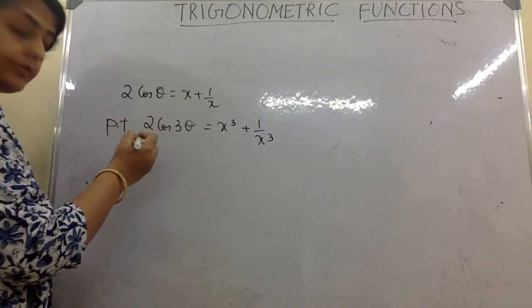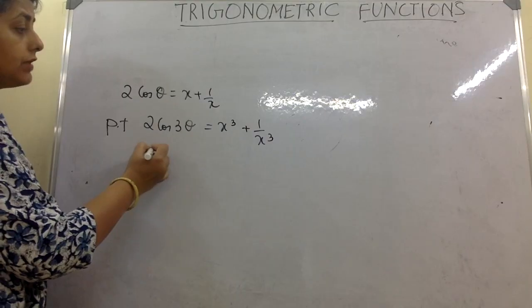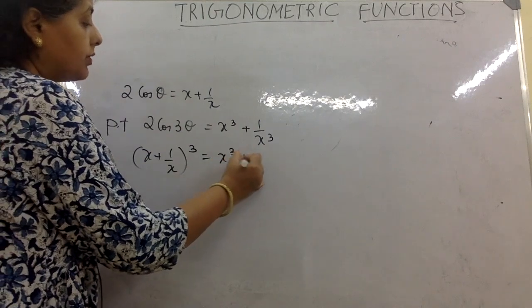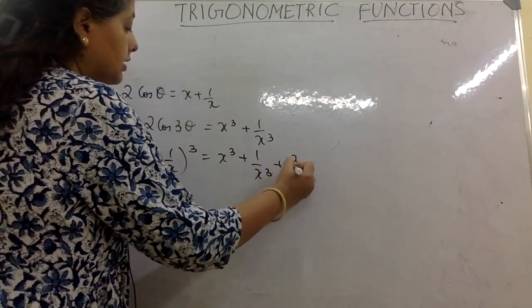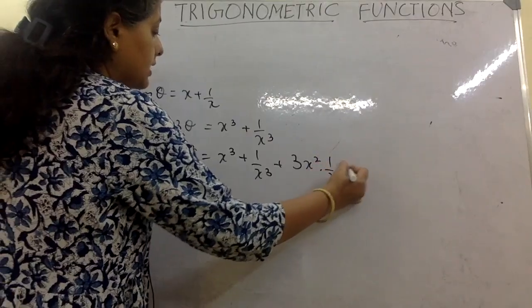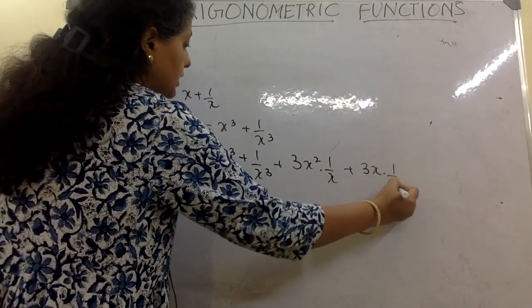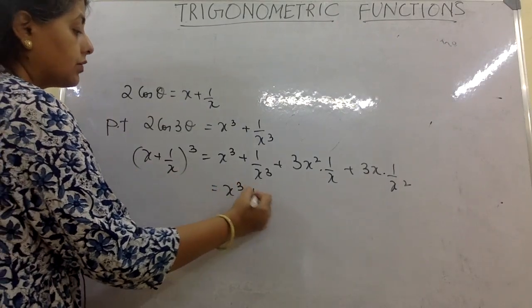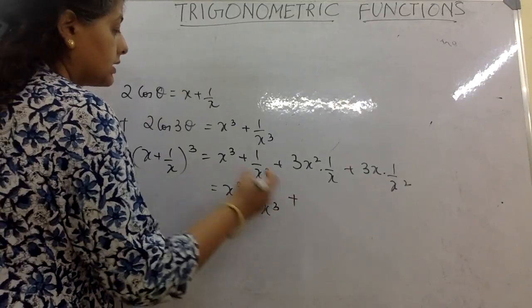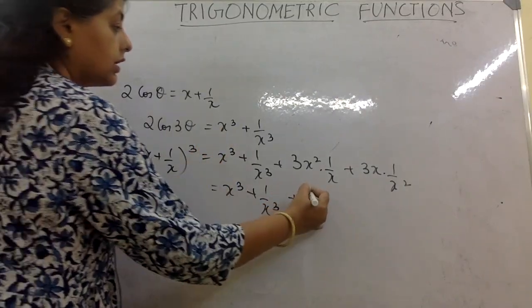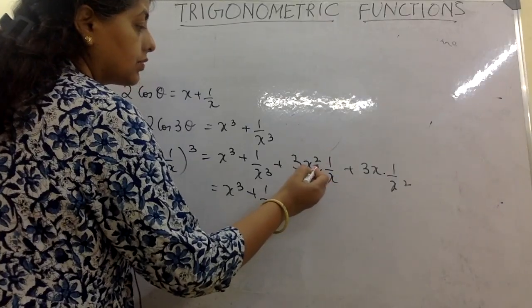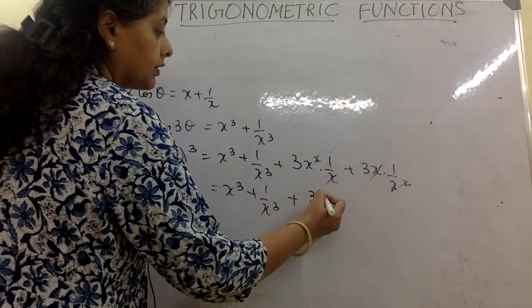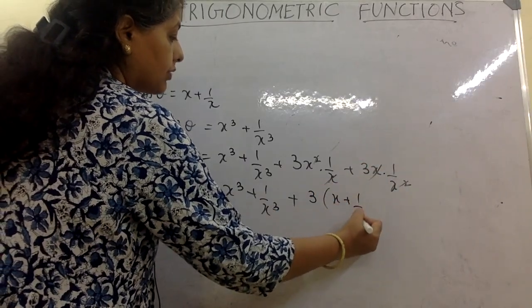Now here we will just take x plus 1 by x whole cube, which is x cube plus 1 by x cube plus 3x square into 1 by x plus 3x into 1 by x square. So now x cube plus 1 by x cube, which is what we have to find, plus 3 into x plus 1 by x.